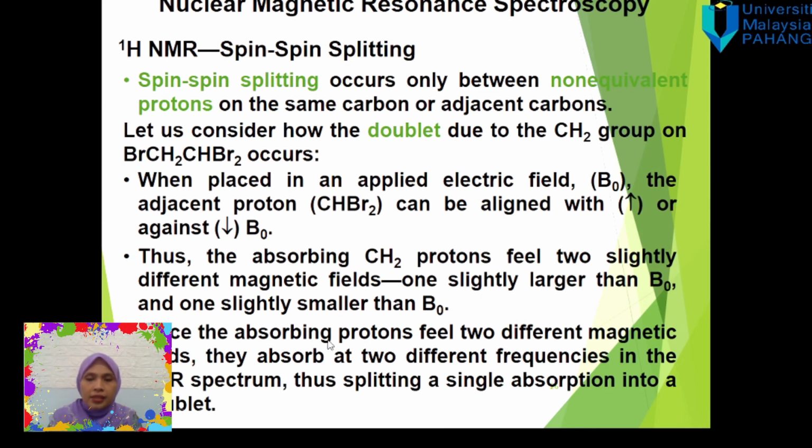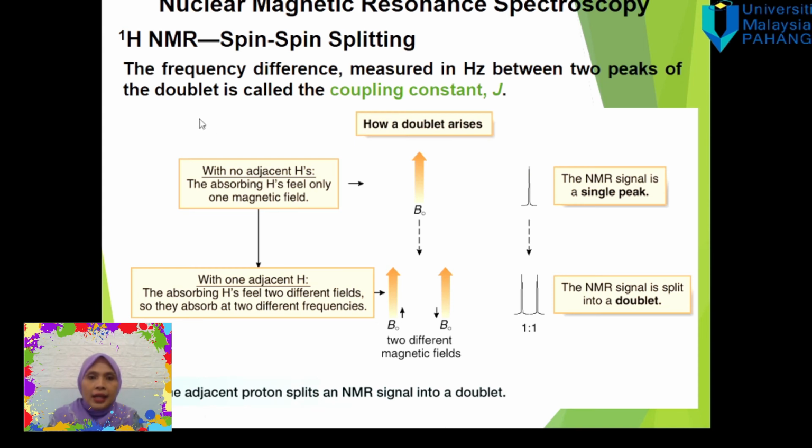Since the absorbing protons feel two different magnetic fields, they absorb two different frequencies, splitting a single absorption into a doublet. And the frequency difference is measured in hertz because of the coupling constant between these two. They have a constant value.